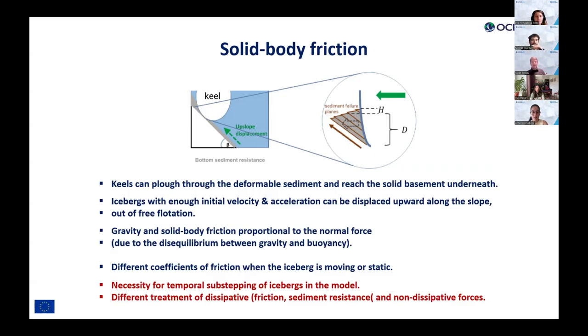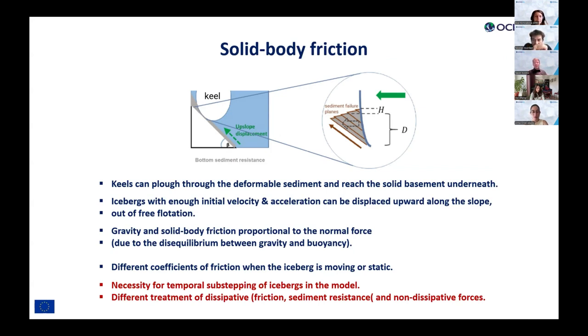In this case, they start to feel the effect of gravity, because there's a disequilibrium between gravity and buoyancy once they're out of free flotation. It's like floating in the sea near the beach, versus standing up in the water on the beach. That's the difference between free flotation and being out of free flotation.